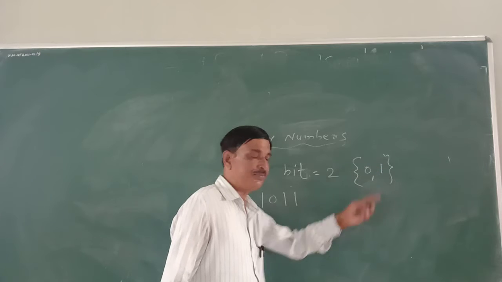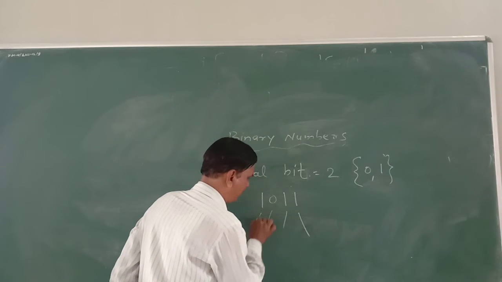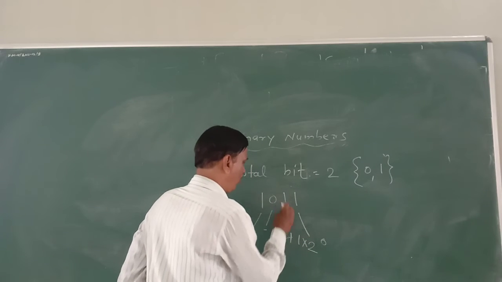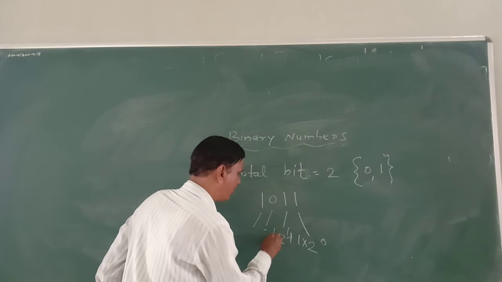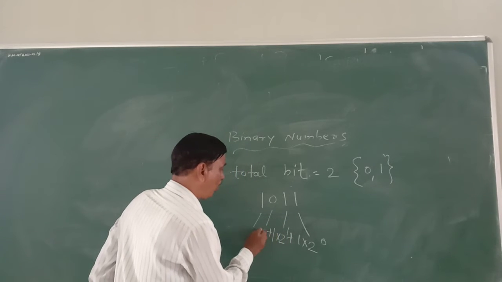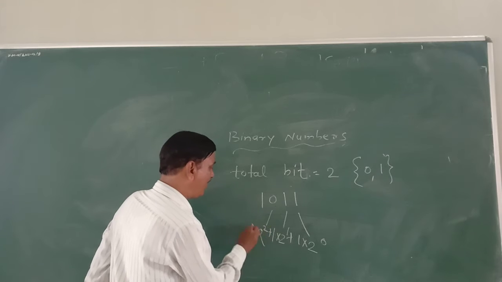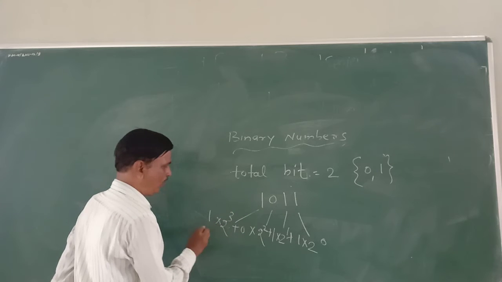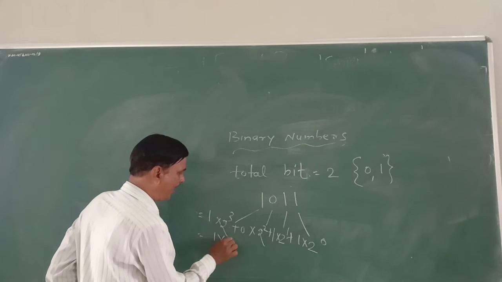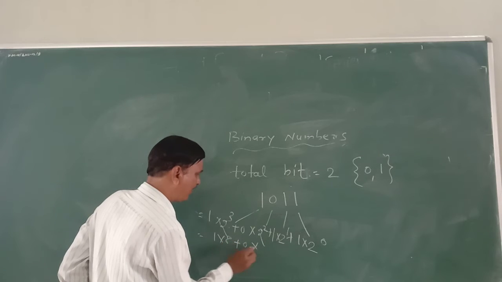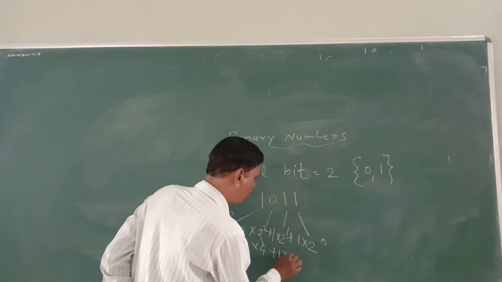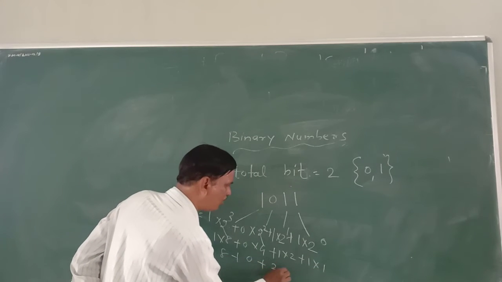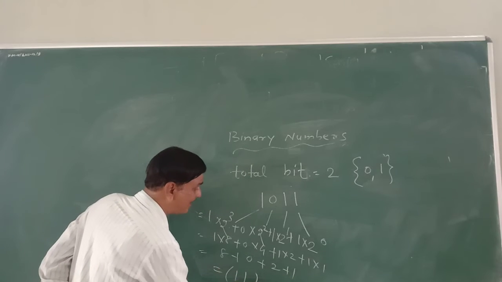It comes from the same set, so it will have powers of 2. 2 to the power 0 is given to 1, plus 2 to the power 1 is given to 1, plus 2 to the power 2 is given to 0, plus 2 to the power 3 is given to 1. So 1 into 8 plus 0 into 4 plus 1 into 2 plus 1 into 1. That is 8 plus 0 plus 2 plus 1, which is 11 in decimal.